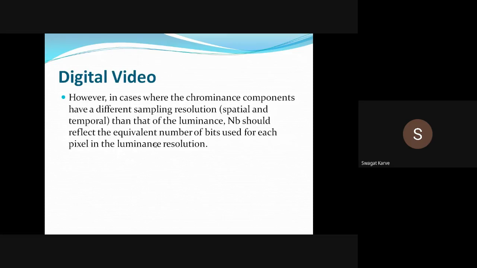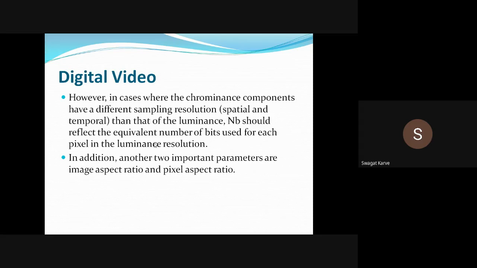Now in case of digital video, the chrominance components have a different sampling resolution, spatial and temporal, than that of the luminance. In addition, two other important parameters are image aspect ratio and pixel aspect ratio.